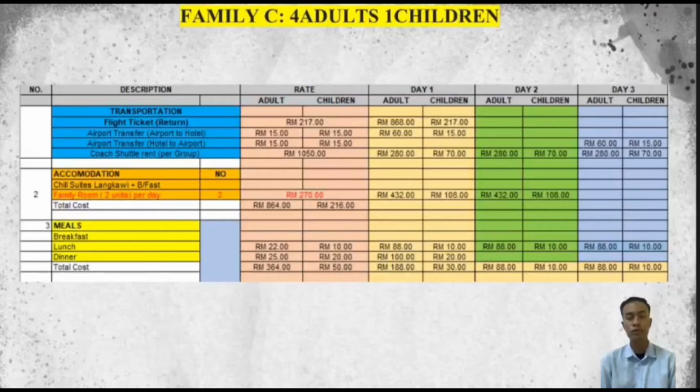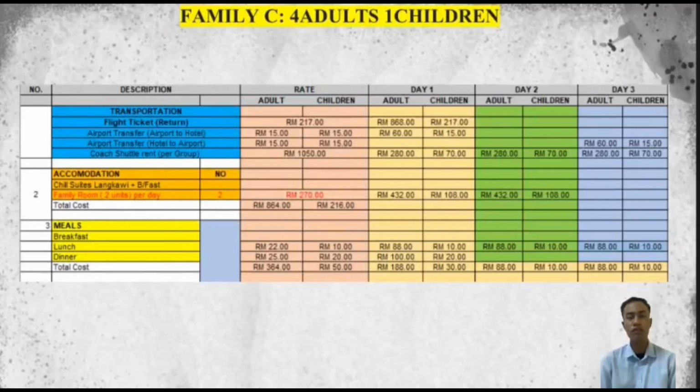Then the coach shuttle rent per group is 1,050 ringgit, and for day one adult is 280 ringgit per pax, and for children is 70 ringgit, and it's the same for day 2 and day 3.